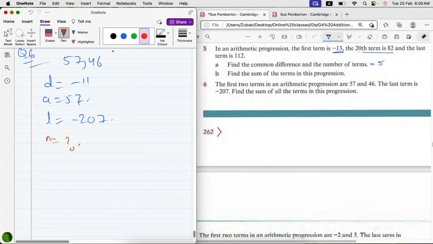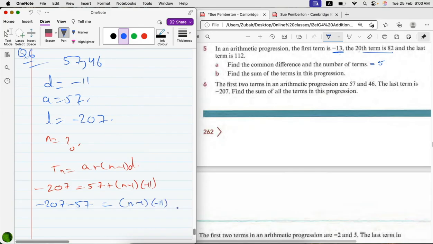Okay. So negative 207 equals 57 plus n minus 1 into negative 11. And then we simplify: 57 equals negative 11n plus 11. So negative 207 minus 57 minus 11 equals negative 11n. And I'll just calculate it.